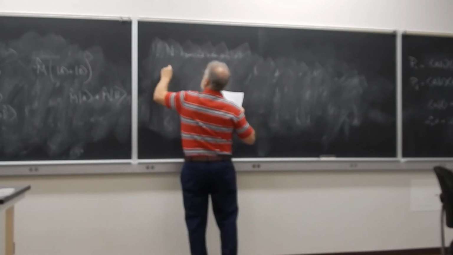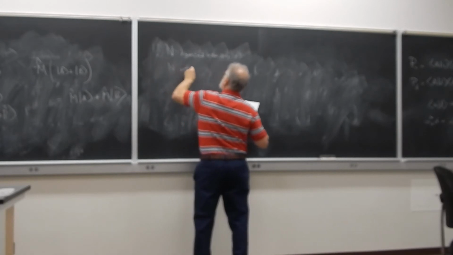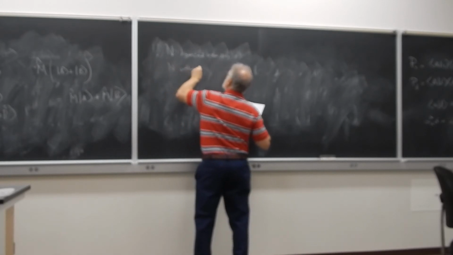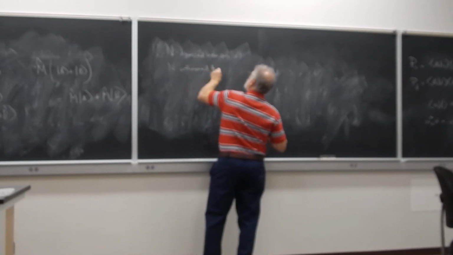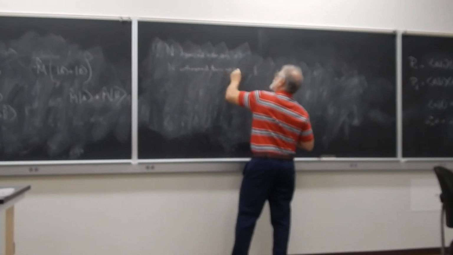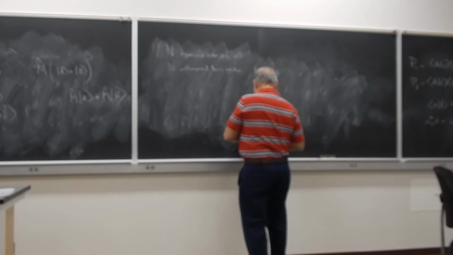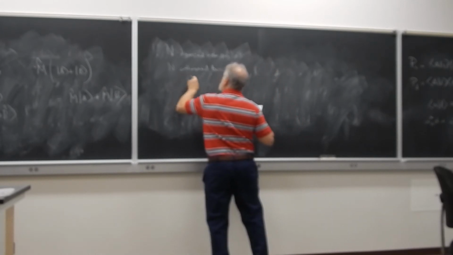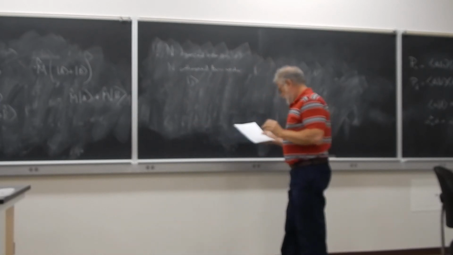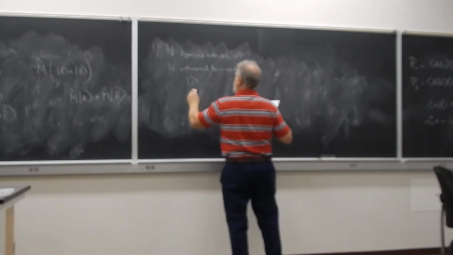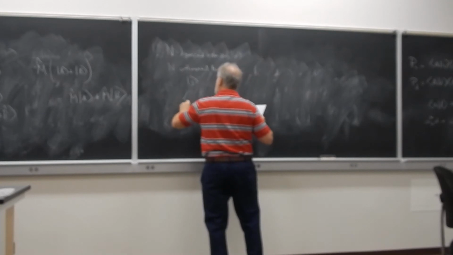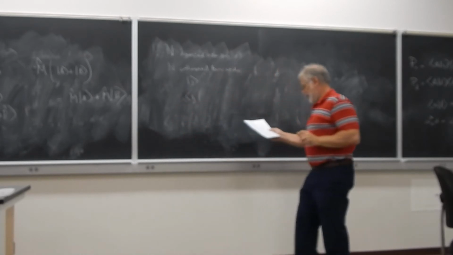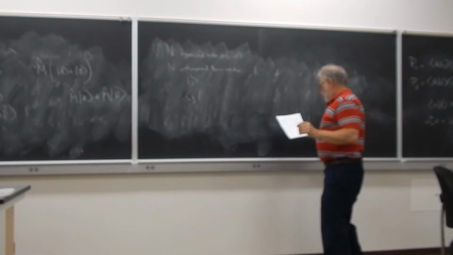I can choose n orthonormal basis vectors, and we'll call them J, and of course, corresponding row vectors, J in this respect.